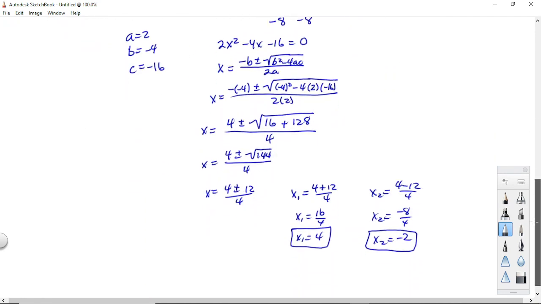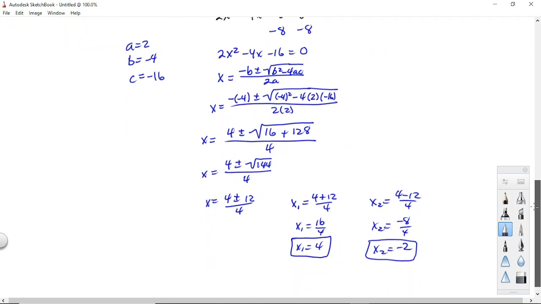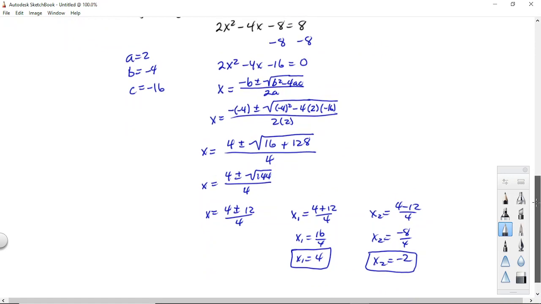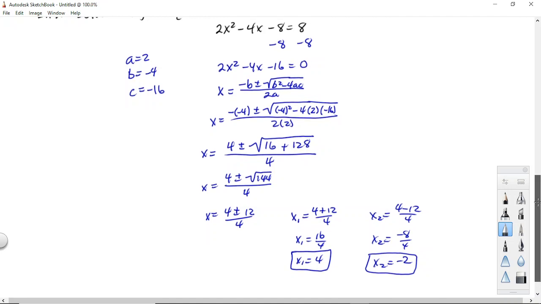In the second one, we had the square root of 144, which was just 12. We didn't have to factor it into primes or anything like that. We just had a number under the radical that was a perfect square. So we just took that square root. And we didn't have negative numbers to deal with imaginary numbers.